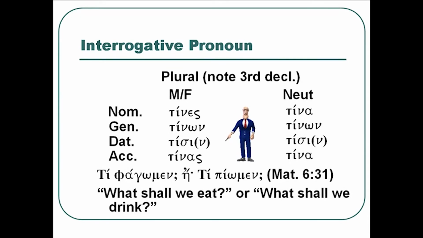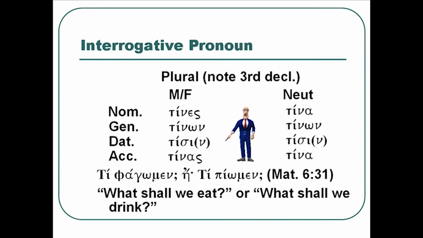Here's an example of a couple questions using this interrogative pronoun. Ti phagomen, ti piomen. The first question is, what shall we eat? Phagomen is actually the aorist form of esthio. And ti piomen is what shall we drink, from pino.